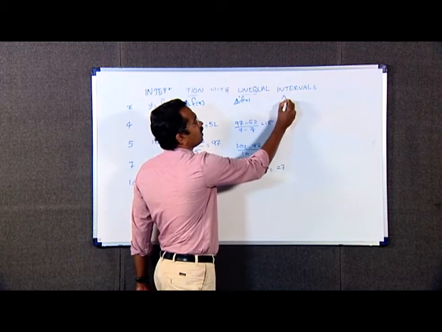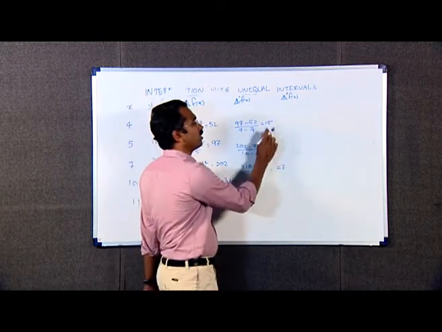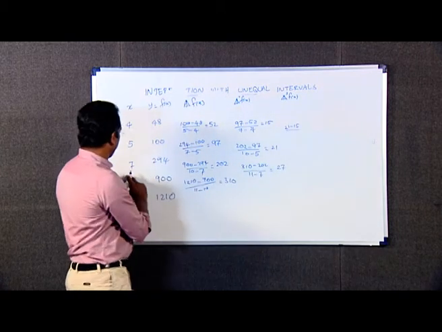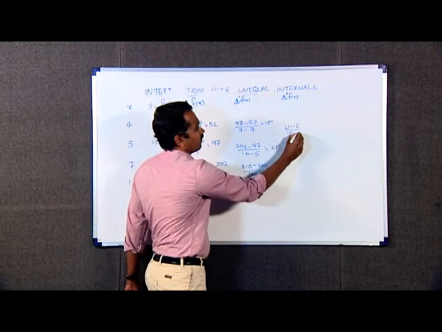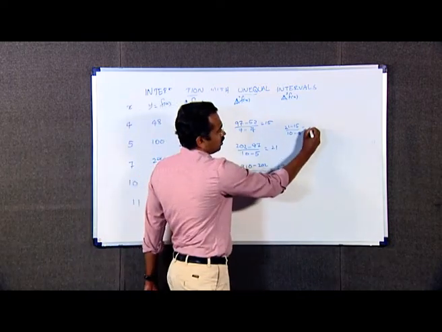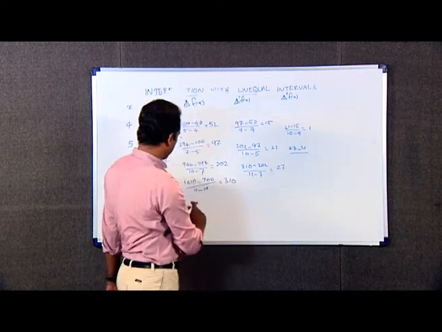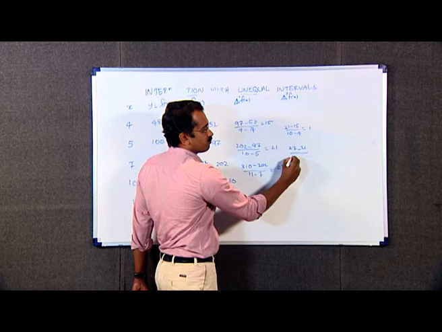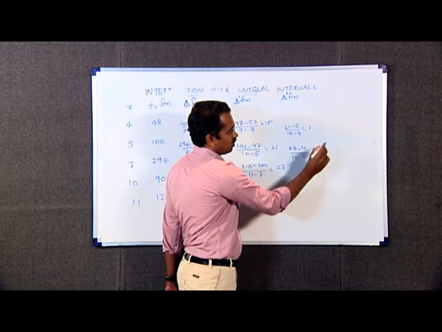And the third order divided differences, divided delta cube f of x, are 21 minus 15 divided by 10 minus 4, which is equal to 1. Next is 27 minus 21 divided by 11 minus 5, which is equal to 1.